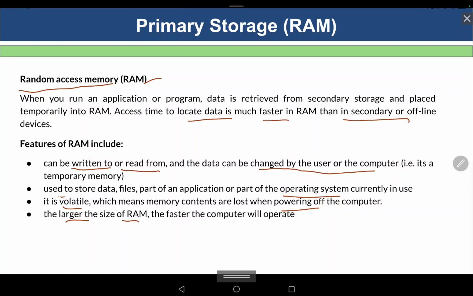We'll understand this better when it comes to virtual memory. Why is it that when the RAM is larger it helps? When the RAM is much larger, there's no need for the computer to use another storage. Let's say the space of RAM can only fit three data, and the computer needs to make use of four data.